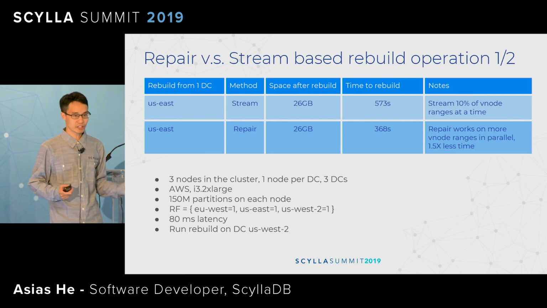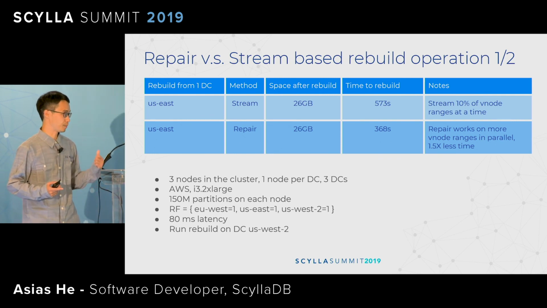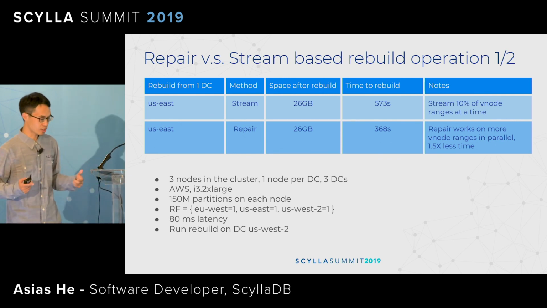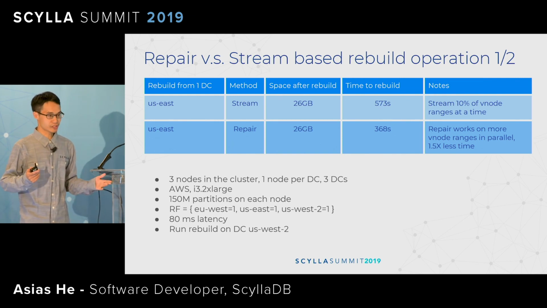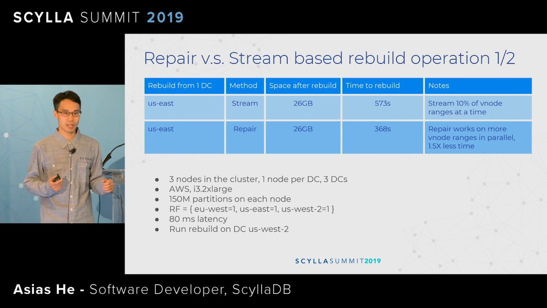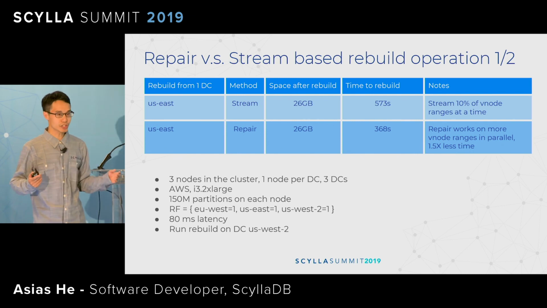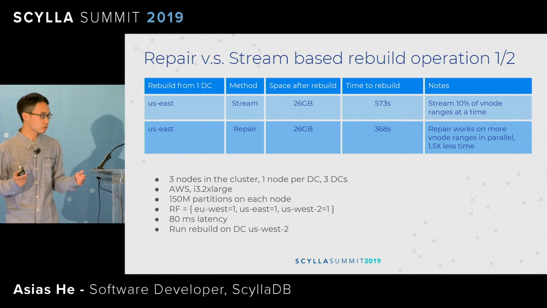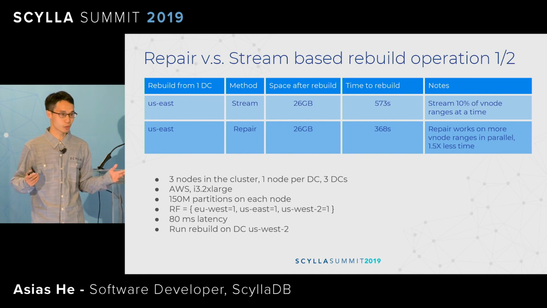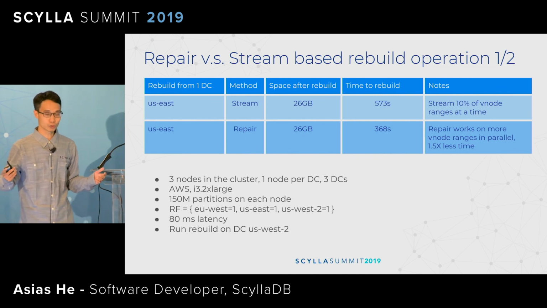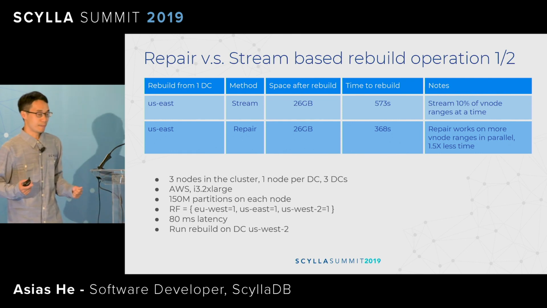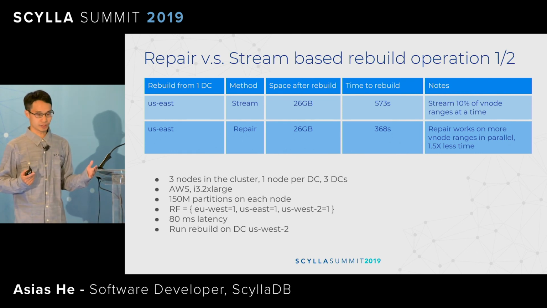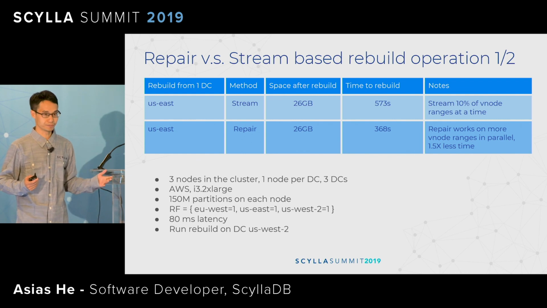However, even if the repair-based operation were slower than the stream-based one, for instance when not considering the parallel contribution, it is still acceptable because repair has more work to do. It has to checksum and compare. But the point is that it's much, much safer, right?